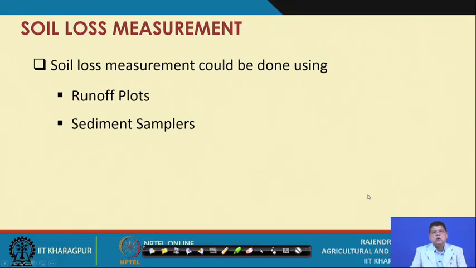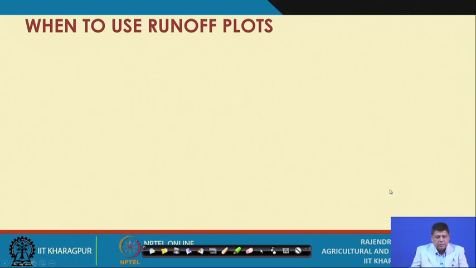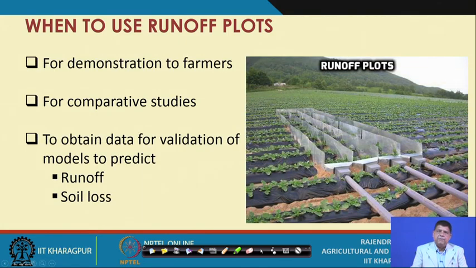Now, coming to soil loss measurement, there are two possible ways of measuring soil loss. One is runoff plots, another is using sediment samplers. Either of these can be utilized. Let us take how to use them one by one. Now, the question is when to use runoff plots.